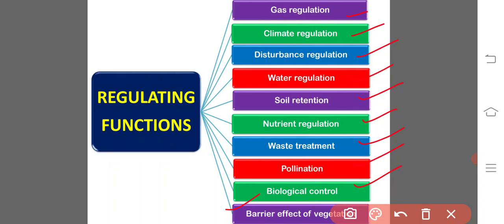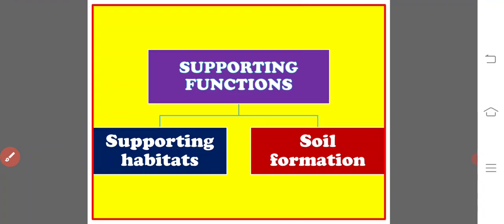These all are the regulating functions of the ecosystem. And coming to the supporting functions, there are only two supporting functions. One is the supporting of habitats and the other is soil formation. These two come under the supporting functions.